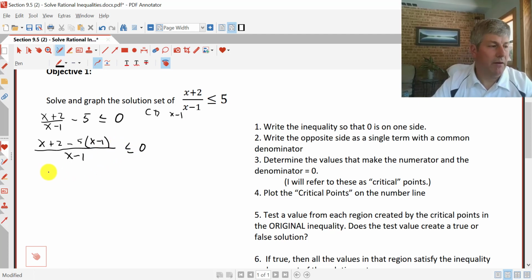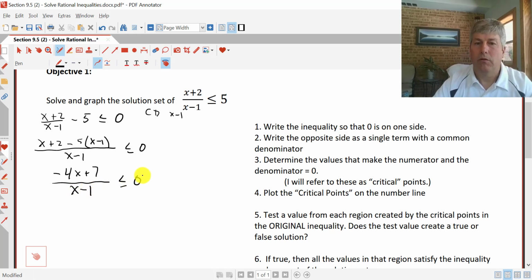I'm going to distribute my -5 and simplify. In doing so, we'll simplify to (-4x + 7)/(x - 1) is less than or equal to 0.